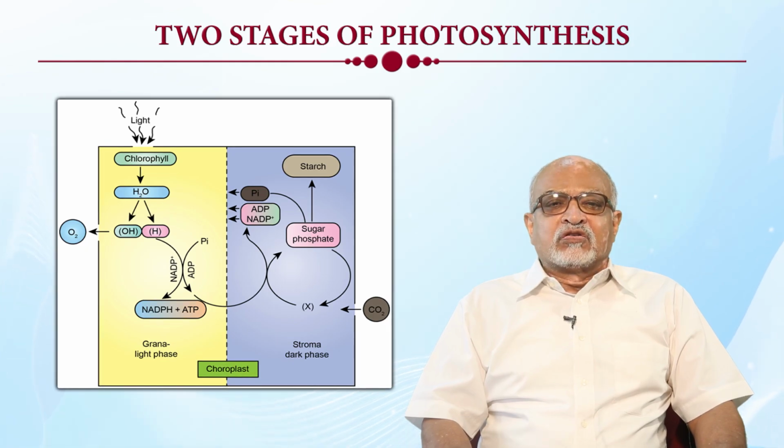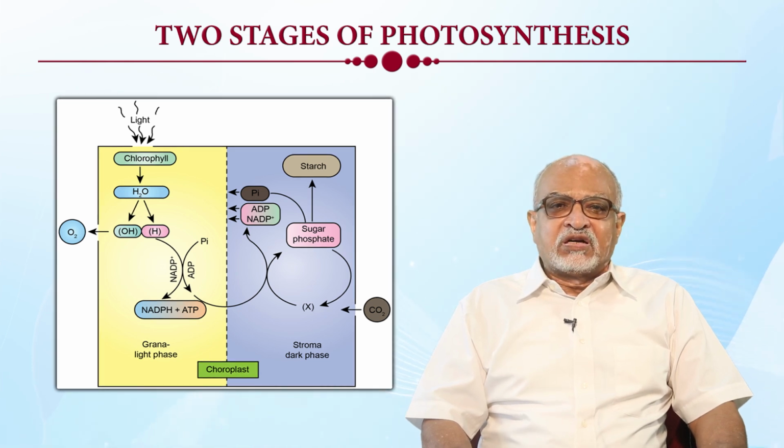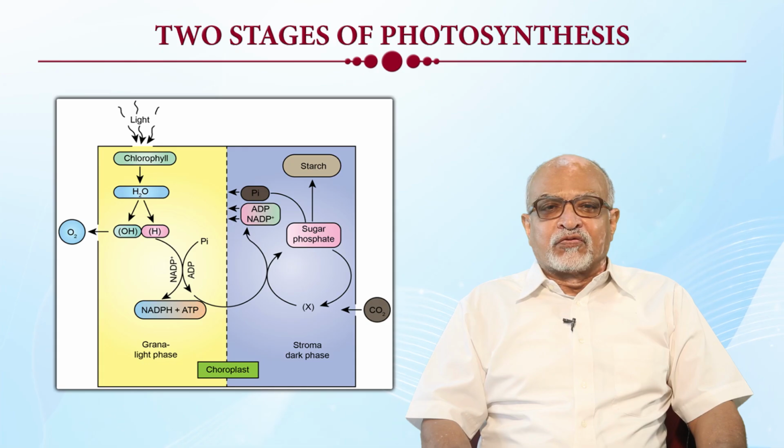This is one of the most fascinating coincidences in nature, which is keeping the entire aerobic life possible. If water was not taken as the ingredient, as the basic raw material, oxygen would never have been released.